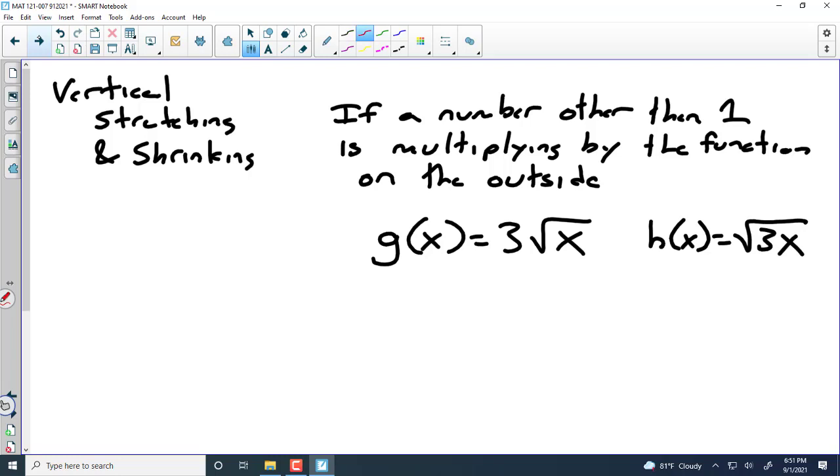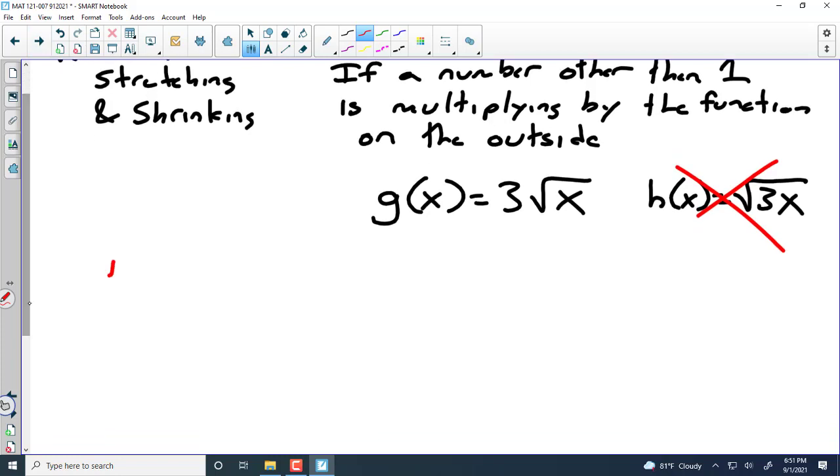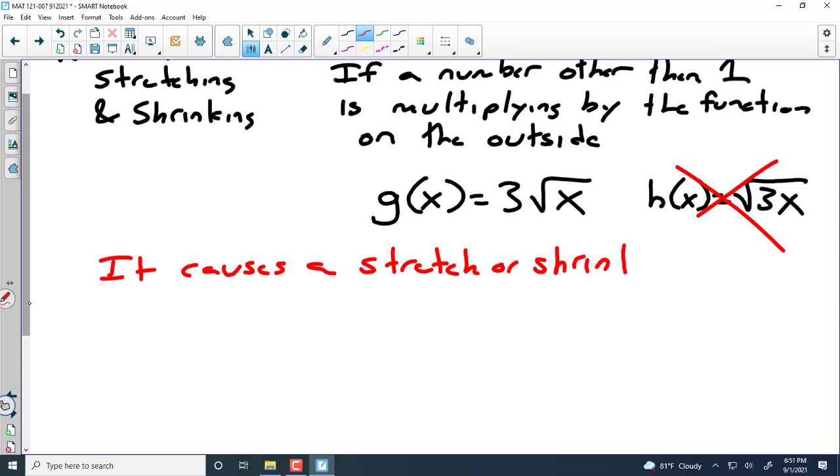So not this one. That's on the inside. I mean, we're multiplying by a number on the outside. If a number other than 1 is multiplying by the function on the outside, it causes a stretch or shrink. This actually distorts the graph.